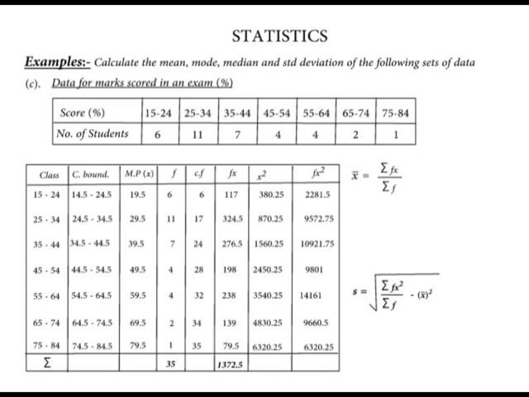The summation of f times x squared will give us 62,718.75. So we are good.